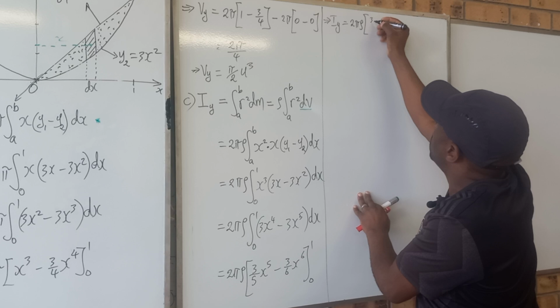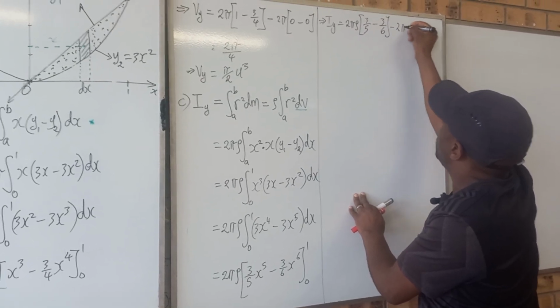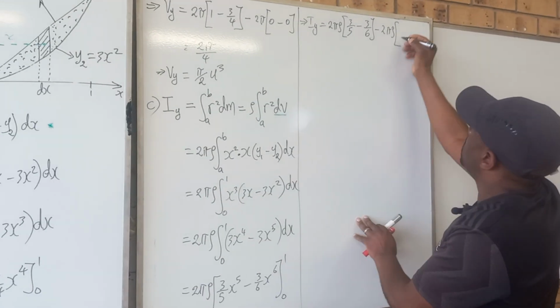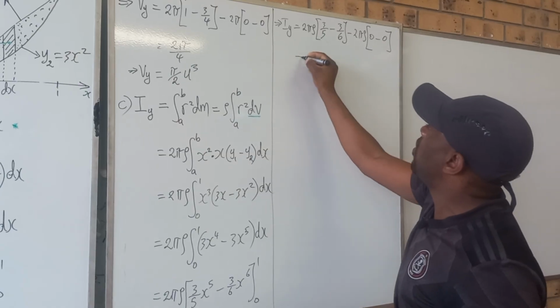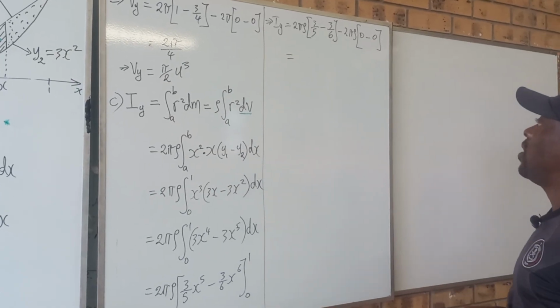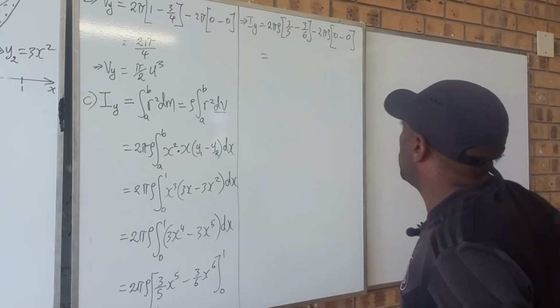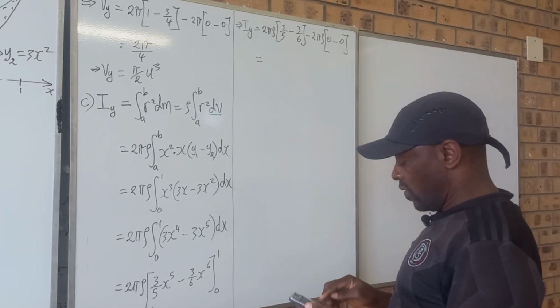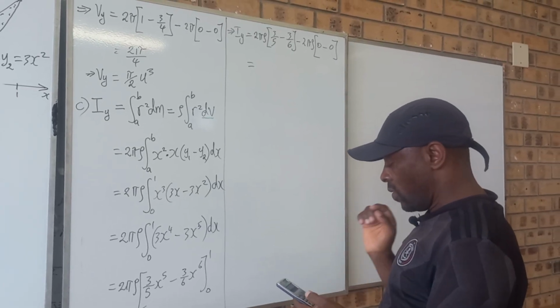So I'm simply getting 3 over 5 minus 3 over 6. Then 2 pi density, I start the process again. If I substitute 0, you see that the lower limit is 0. So I will not be bothered about the lower limit. What I will be concerned about is the upper limit. Simply taking 3 over 5 minus 3 over 6, or 1 over 2, then I multiply by 2. So I'll quickly do that with my calculator.